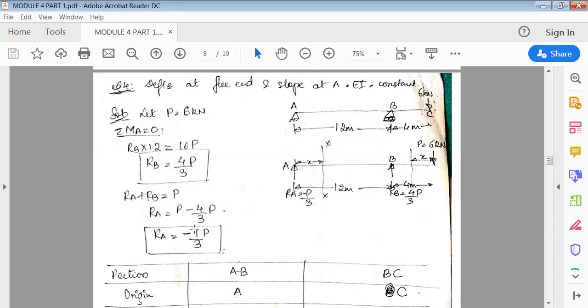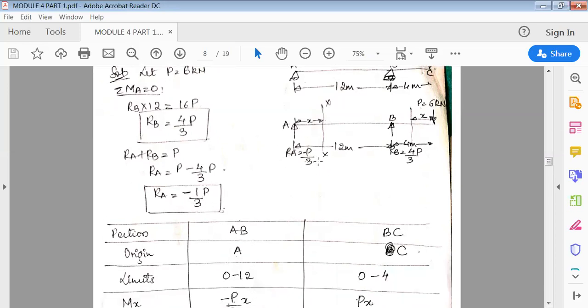It is nothing but minus 1 by 3 of P. Now see here, RA, actually the sign is minus. Minus means it should be opposite. So what I'll do here is, I'll show the direction upward only, but in the value I'll show minus P by 3. So RA is minus P by 3, RB is 4 by 3 P.